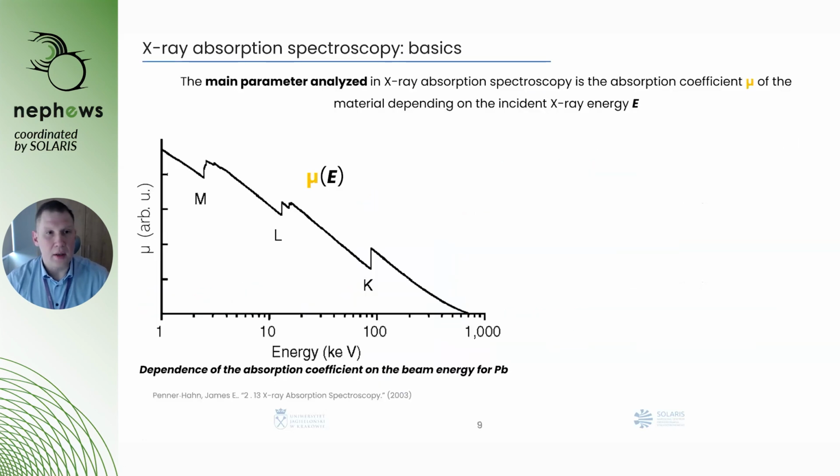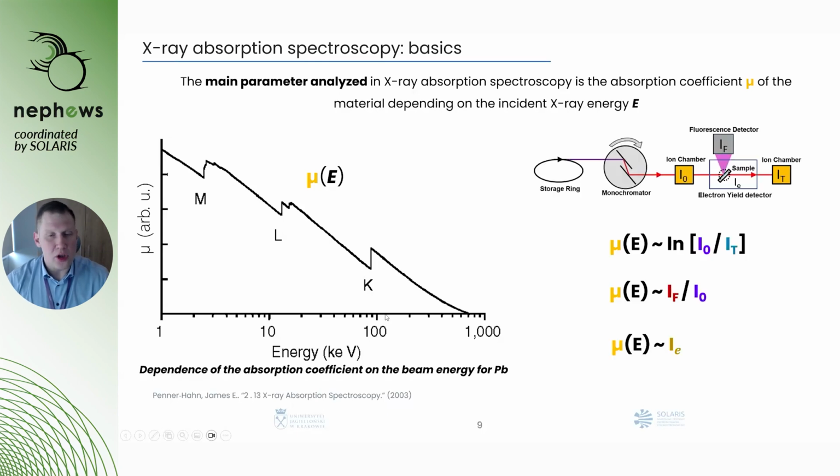And when we make measurements of X-ray absorption spectroscopy, we are not just defining the absorption coefficient as it is, we are defining it as a function of incident X-ray energy. And we plot such a dependence which is presented on the slide. In order to choose a defined energy from the wide range of synchrotron radiation light, we use devices such as monochromators.